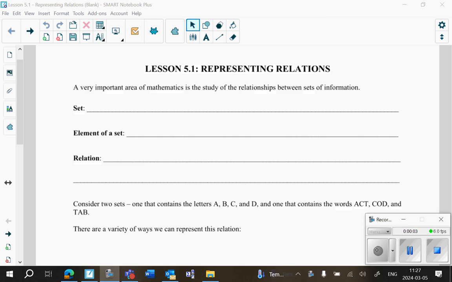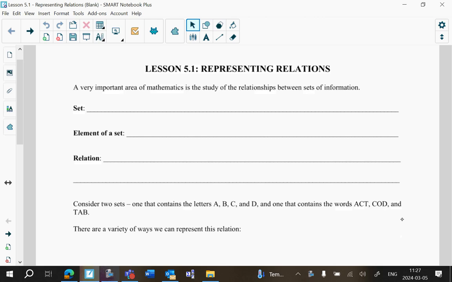So much of what we do in math, and much of what is done in life, is relationships or relations, usually between two sets of information, right?